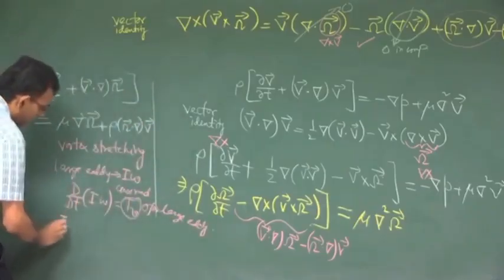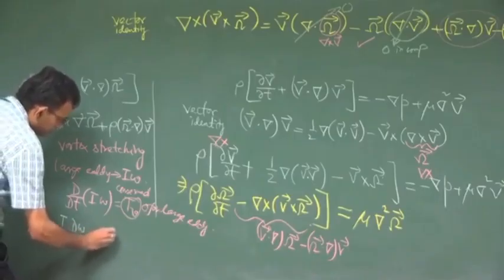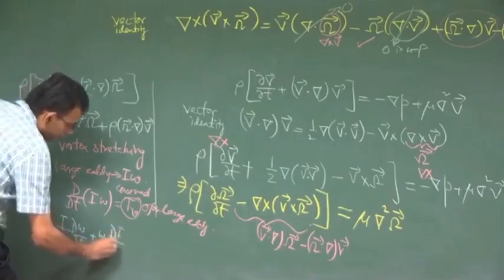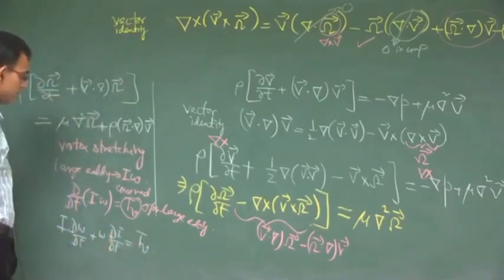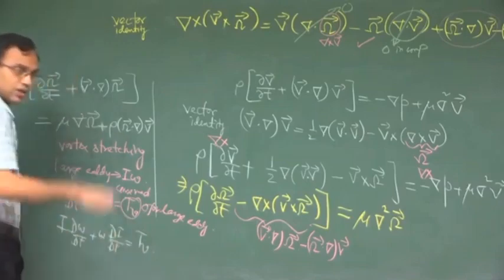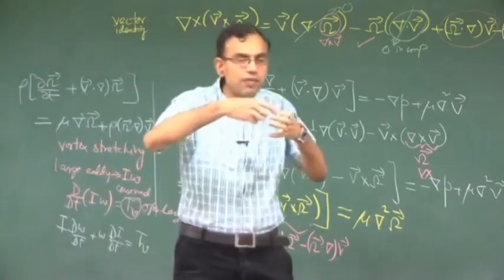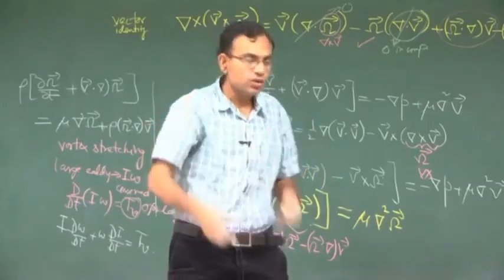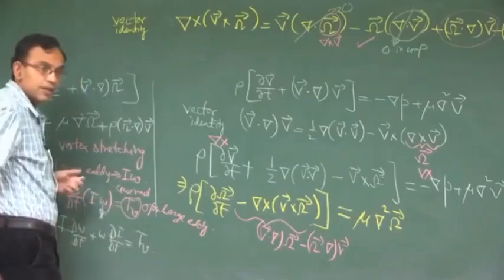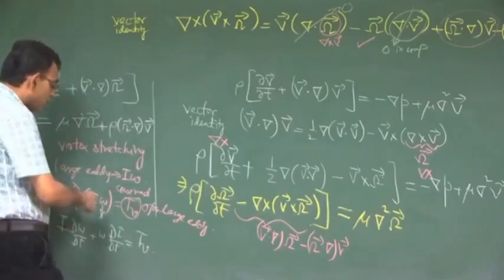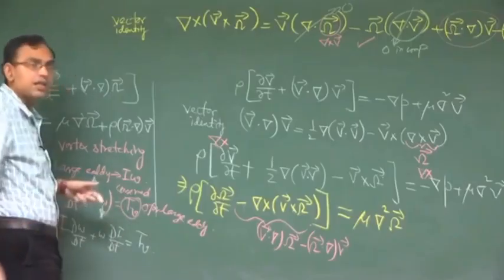So, I d omega dt, okay. So, if viscous torque is 0 in the large eddy, then what is the large eddy doing? The large eddy is giving its kinetic energy to the smaller eddy. So, that means omega is decreasing for large eddy. If omega is decreasing, to maintain angular momentum conserved, this I must increase.